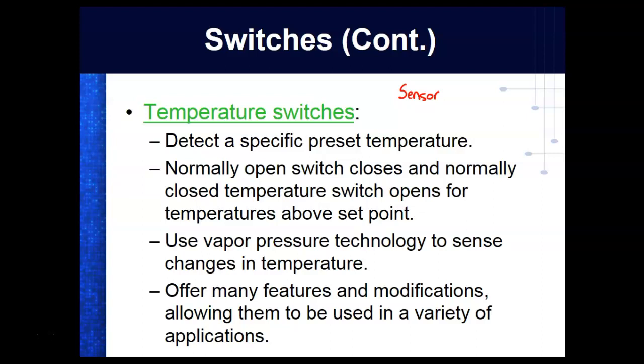So they do exactly the same thing that your sensors do. So we have temperature sensors. These are going to somehow sense temperature and convert it over to electrical signal that I'm going to bring into a PLC, and the PLC is going to process. So we have digital temperature sensors, and then we have analog temperature sensors.